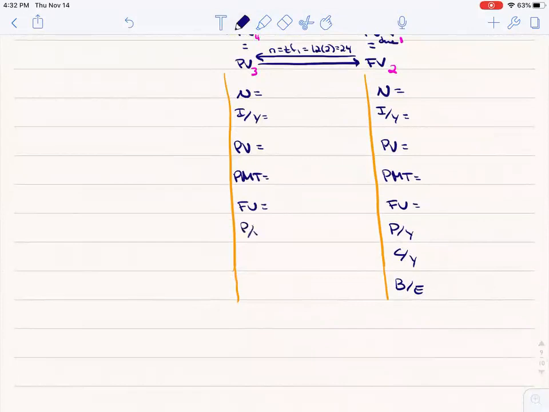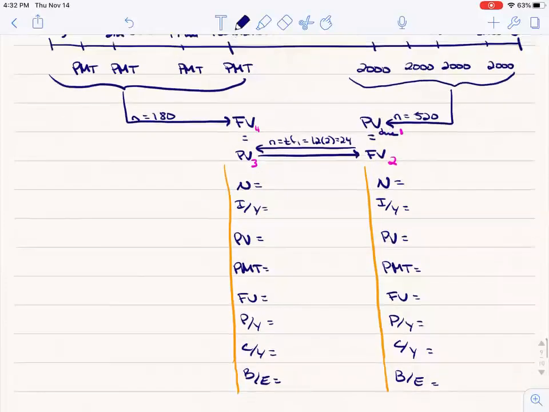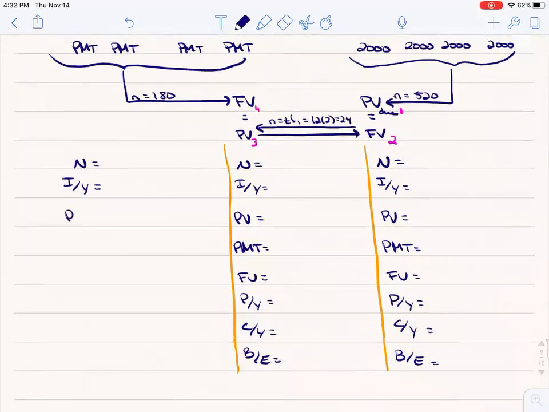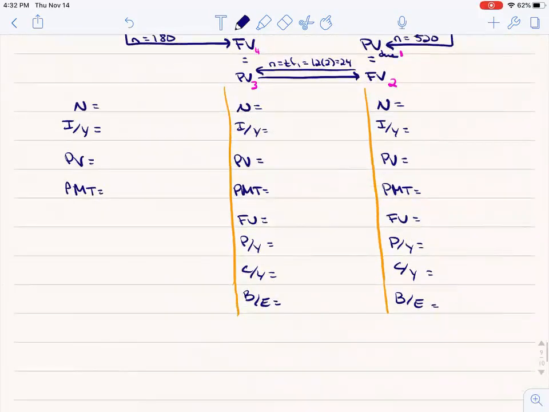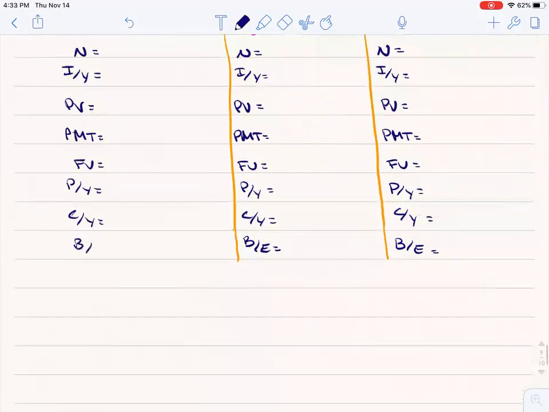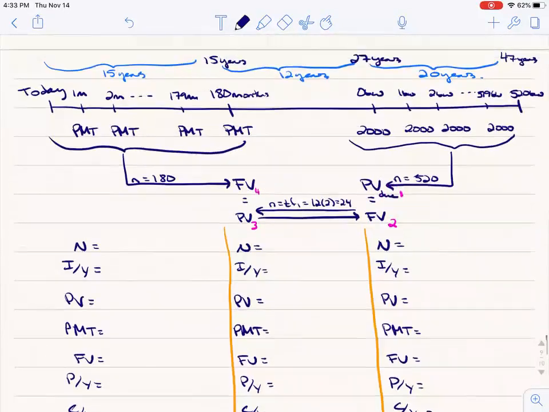So we can just take a little bit of time here, map these out.